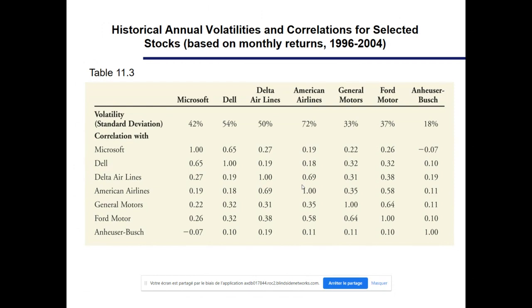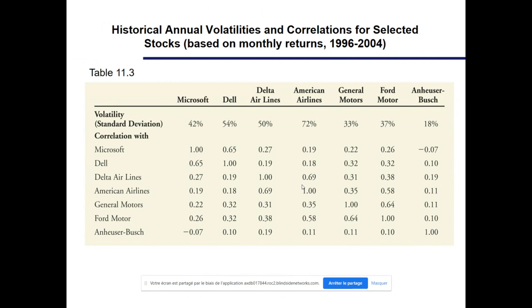The data in this table, which I took from your textbook, shows the volatility of Microsoft is 42%, 54% for Dell, Delta is 50%, American Airlines 72%, General Motors is 33%, Ford Motor is 37%, and Anheuser-Busch is 18%. Very low risk.